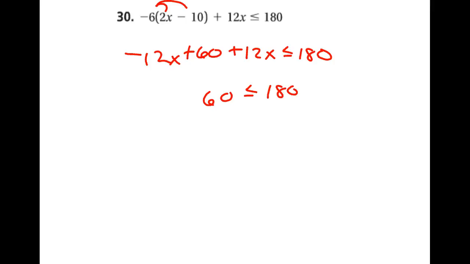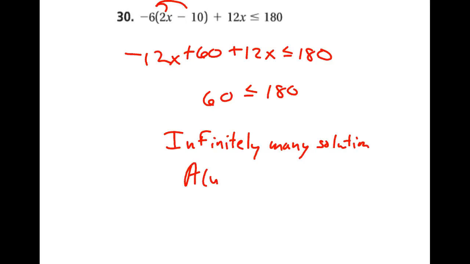You've got a true statement. You'd say infinitely many solutions. Or the book, I think, says always. So that's what we have here, a true statement. So we could say infinitely many. That's what a lot of texts will say. Or our text says always. So either one of those two are just fine with me.